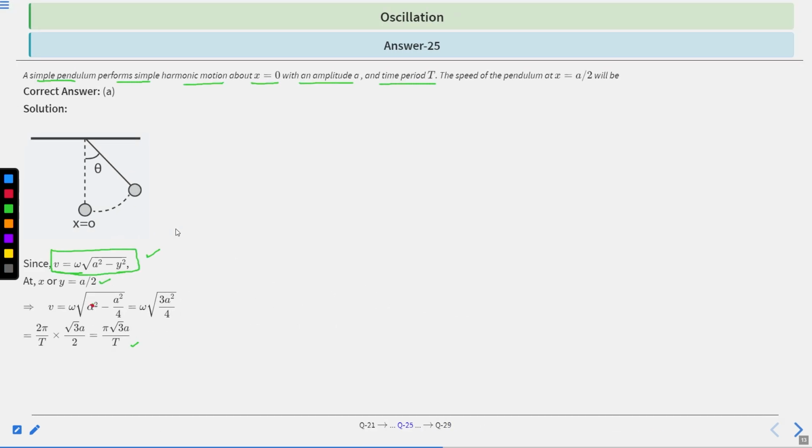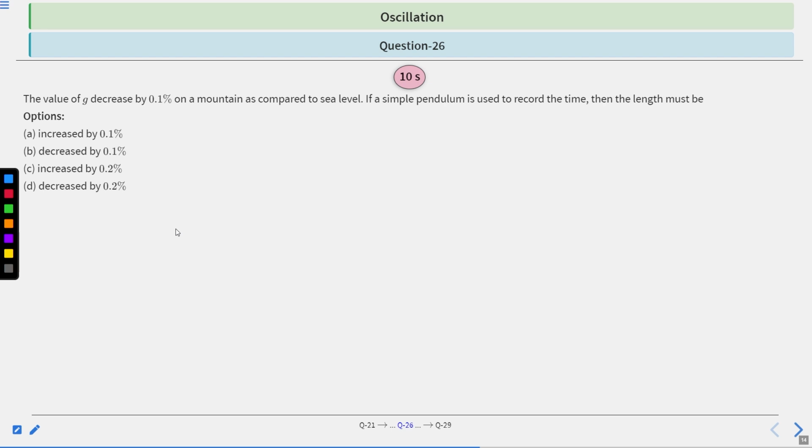Next question, question 26. The value of g decreases by 0.1% on a mountain as compared to sea level. If a simple pendulum is used to record the time, then the length must be, which option is correct?